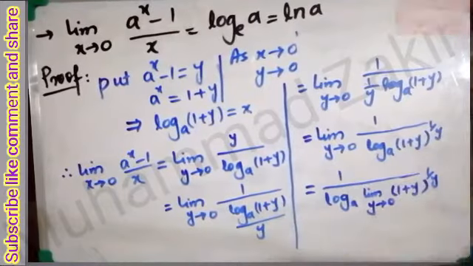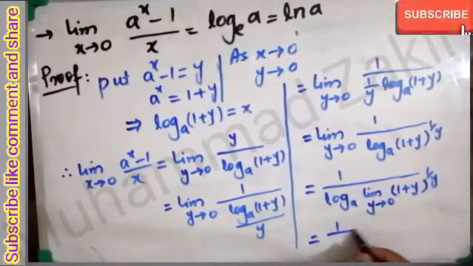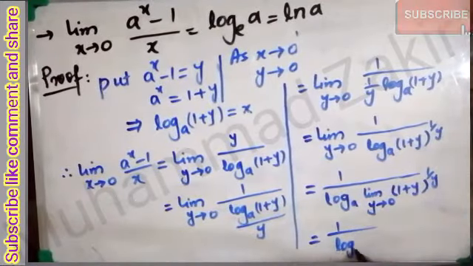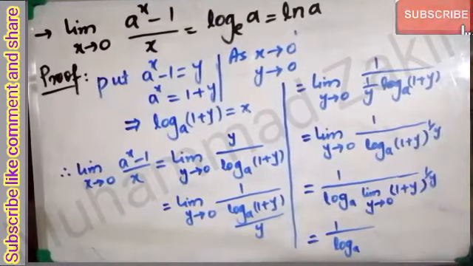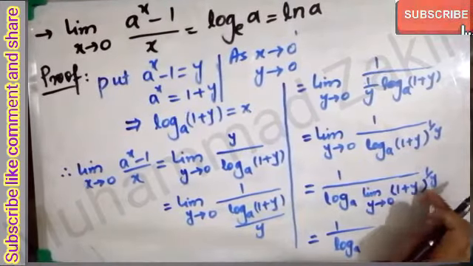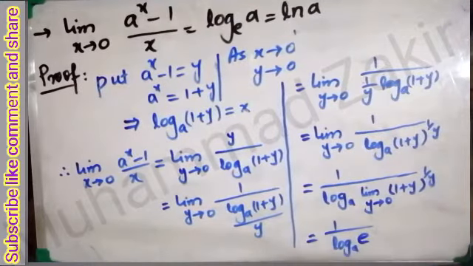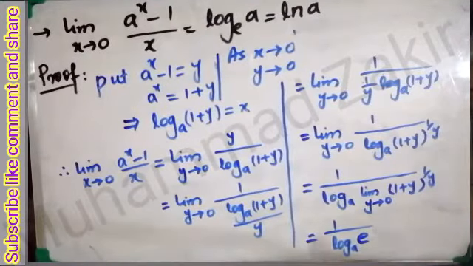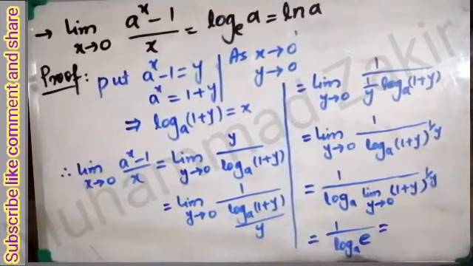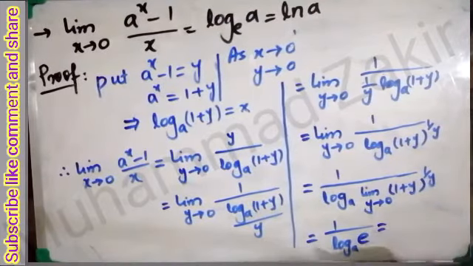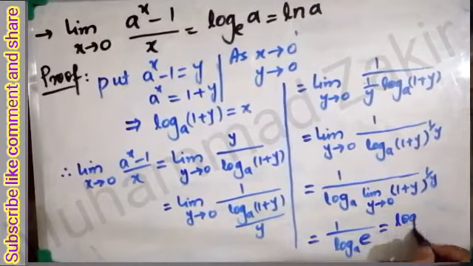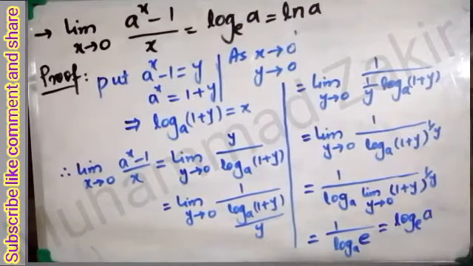So we know this fact: 1 plus x raised to power 1 by x, as x approaches 0, the answer is e. If this is inverted, it is 1 by log to the base a of e. If it is inverted, it becomes log to the base e of a.